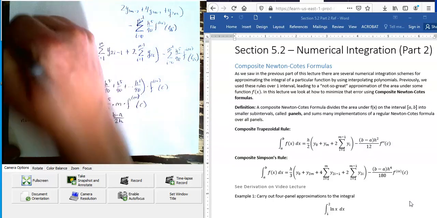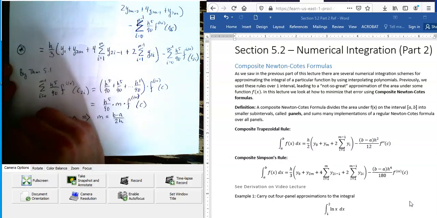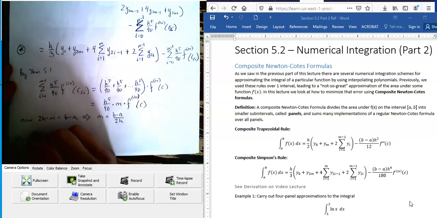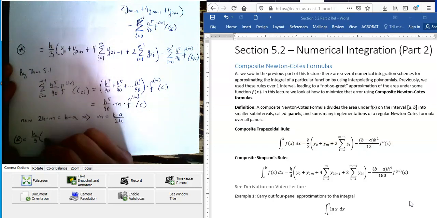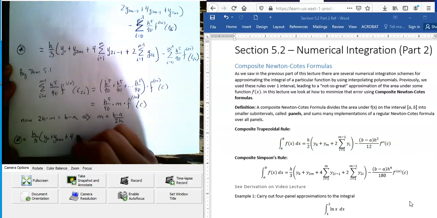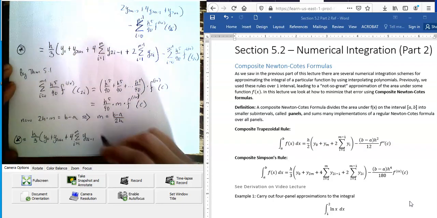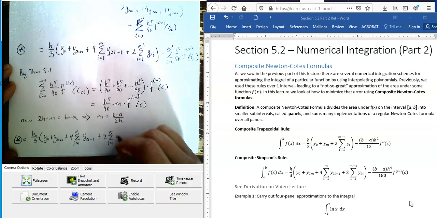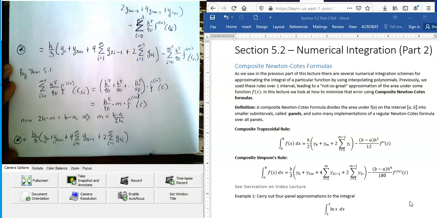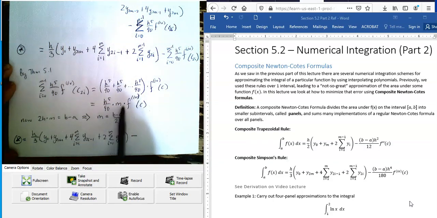Thus, our formula, let's say here star, equals h over 3 times y naught plus y sub 2m plus 4 sum plus 2 sum, minus, now we're going to plug in our b minus a over 2h here, so one of those h's is going to cancel.